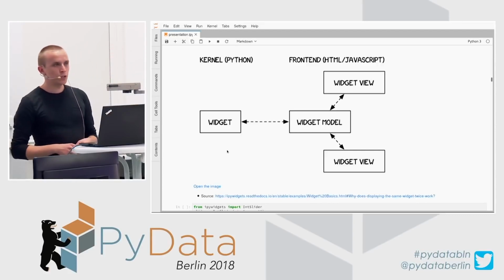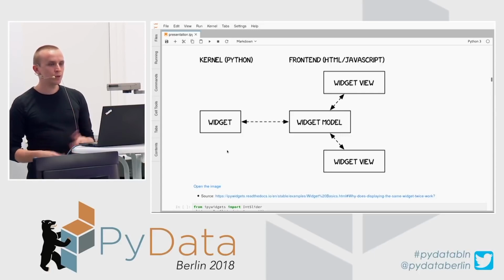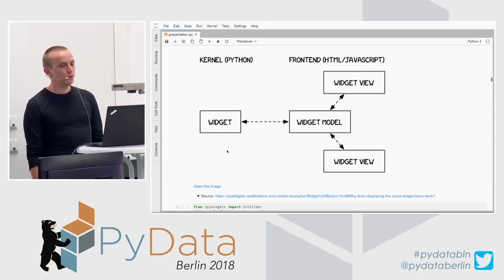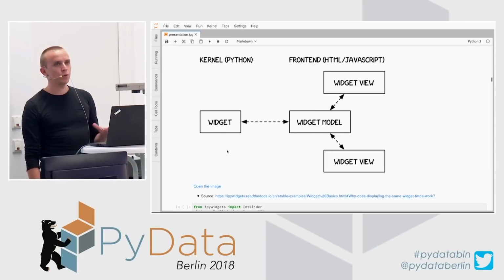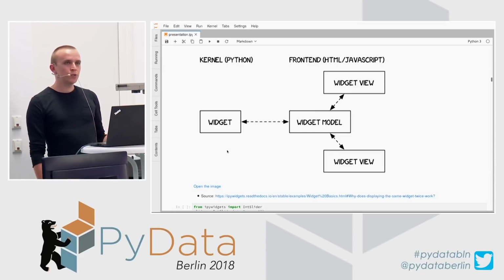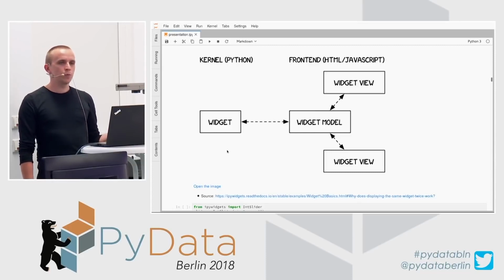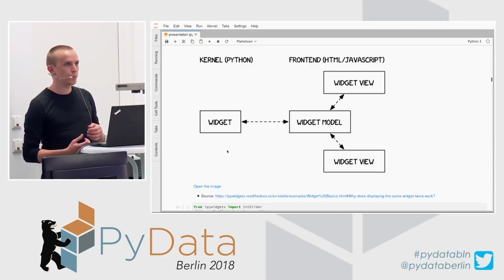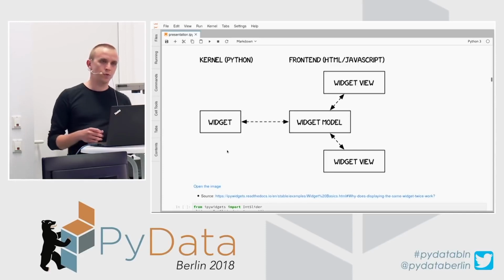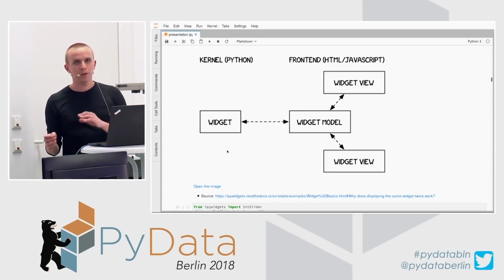And you have a front end, which is a mix of JavaScript and HTML. For the Jupyter widgets framework, the idea is you create an object on the Python side, and then a counterpart object is created on the other side. You can start modifying some attributes and values on the Python side, and they will be automatically synced with the front end, and you can do the same the other way around.